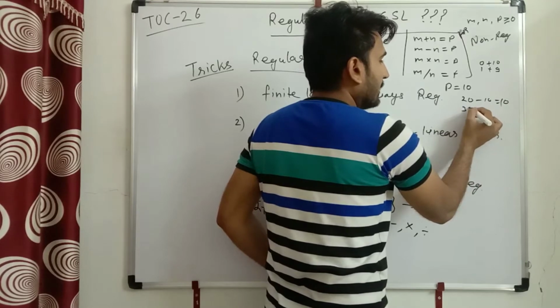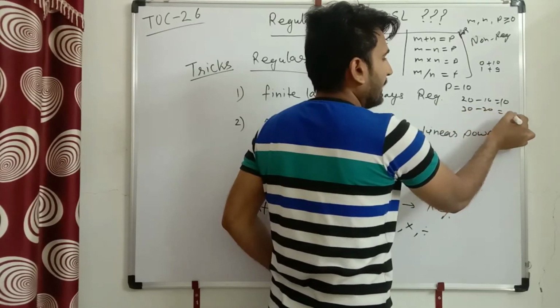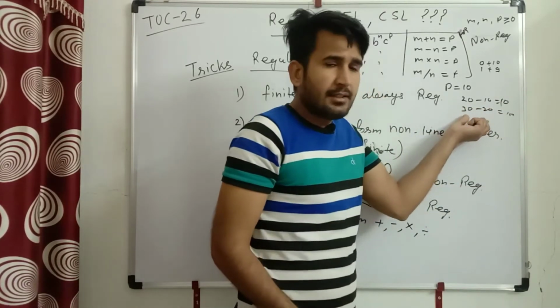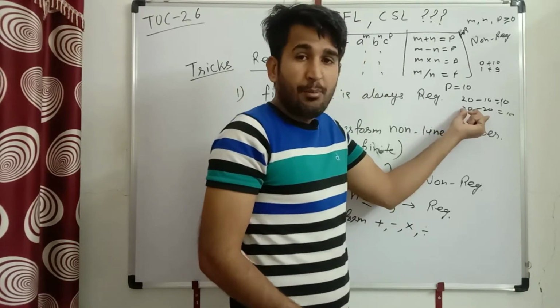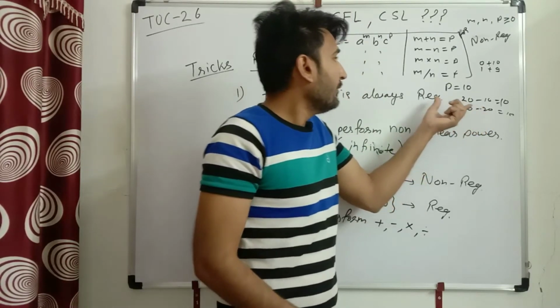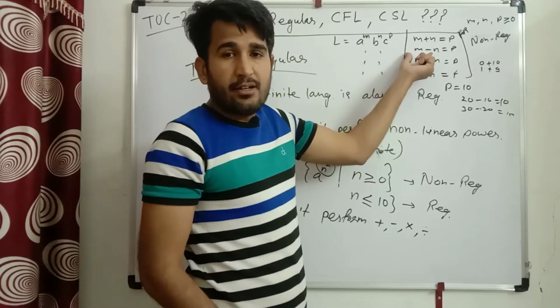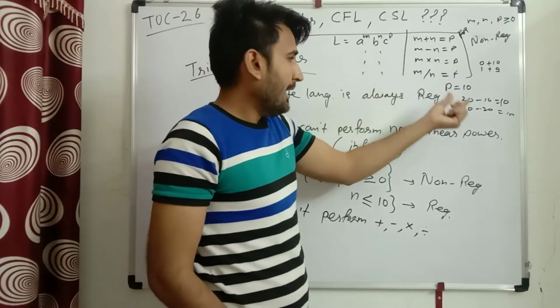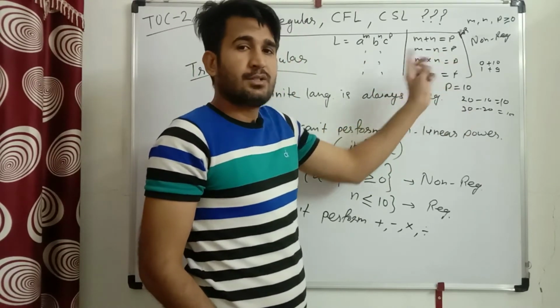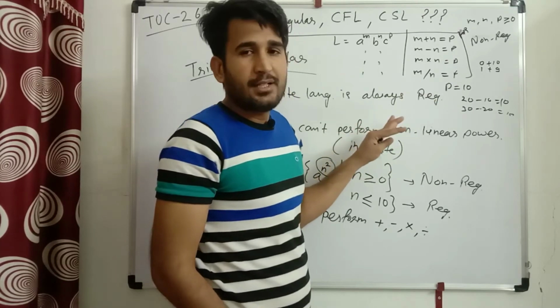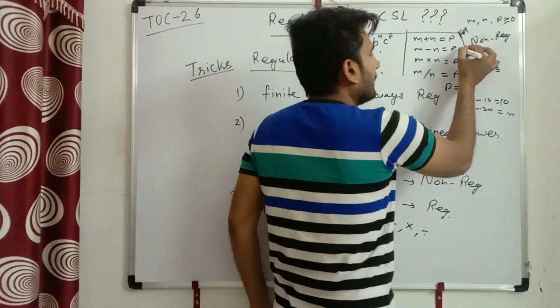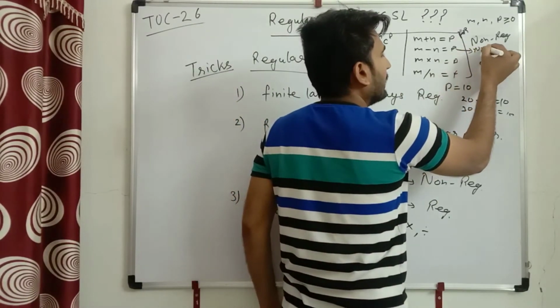If I put 30 minus 20, it will be 10. So you can see there can be many combinations. So this is an infinite language and it performs an operation, so it can't be a regular language. This is non-regular.